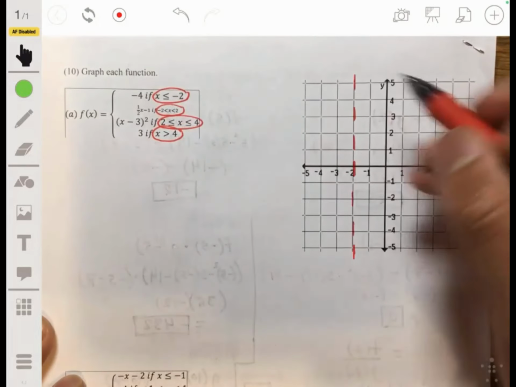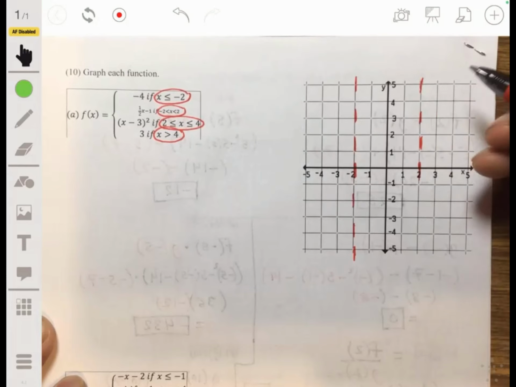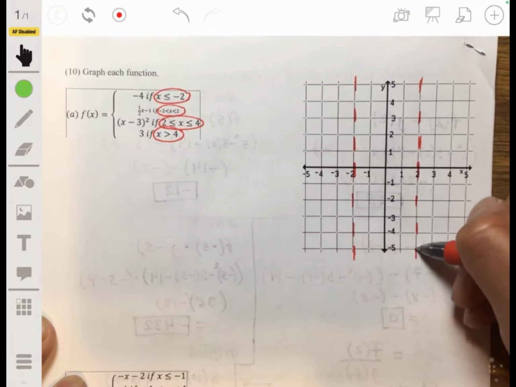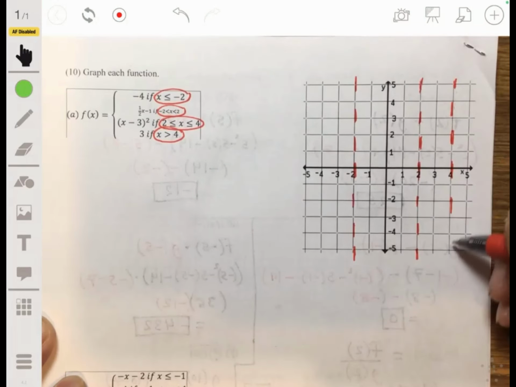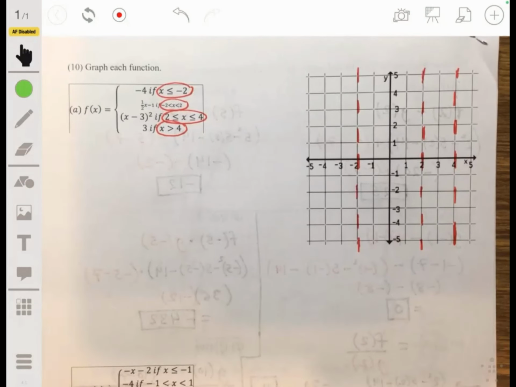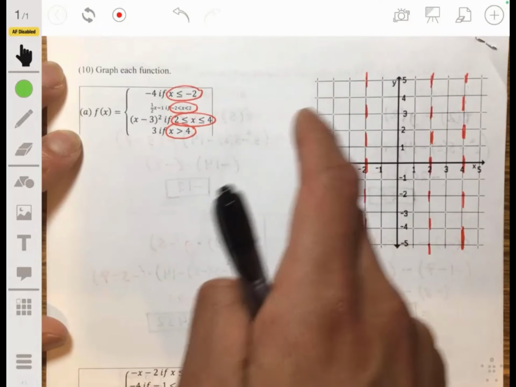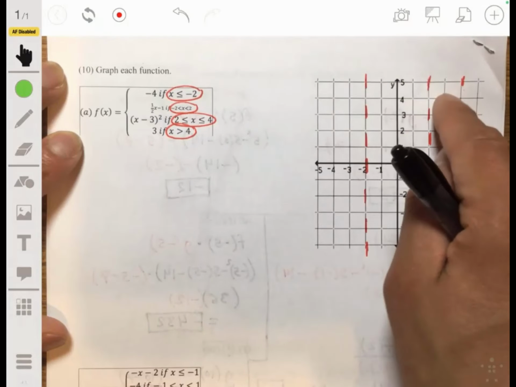So at negative 2, and then at 2, and then at 4, and then now you know where to plot each graph. The first graph goes over here. The second one is going to be in this region. The third one will be in here, and the fourth one will be to the right of 4.